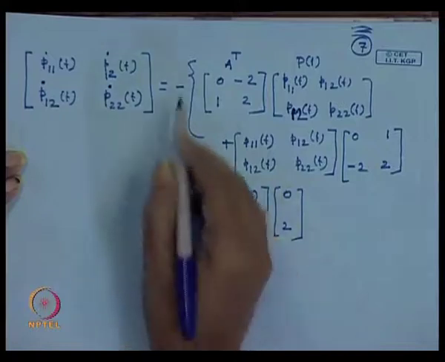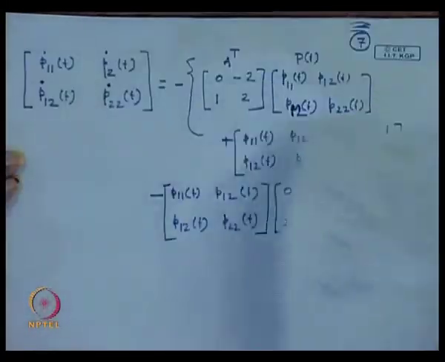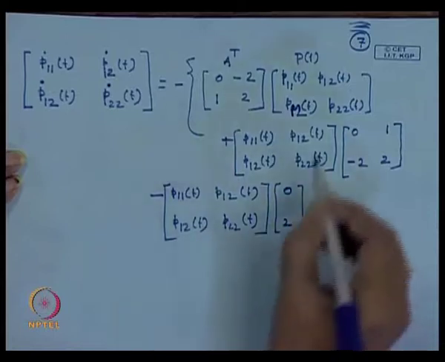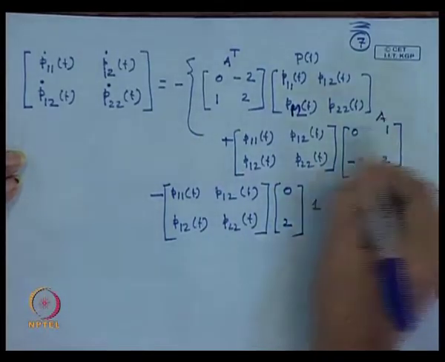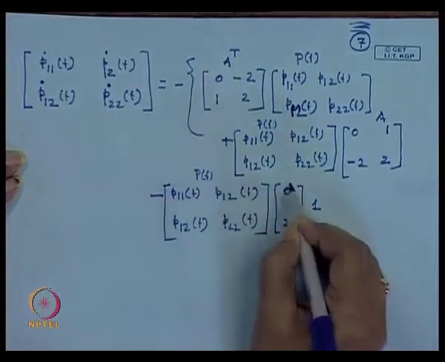If you see, this is our B, [0 2], then R inverse, R is 1, R inverse is that. So this is A, this is P(t), this is B.